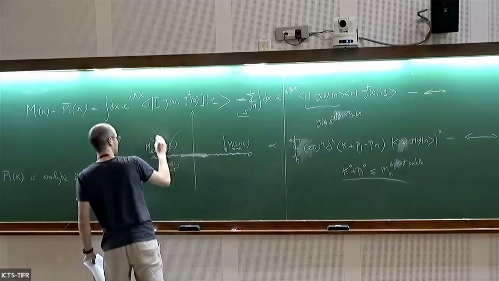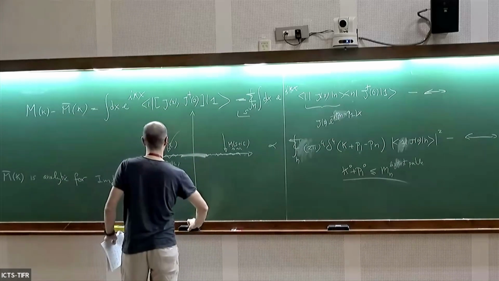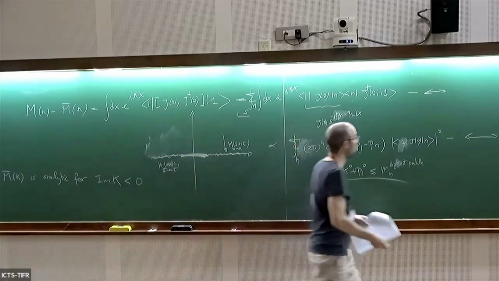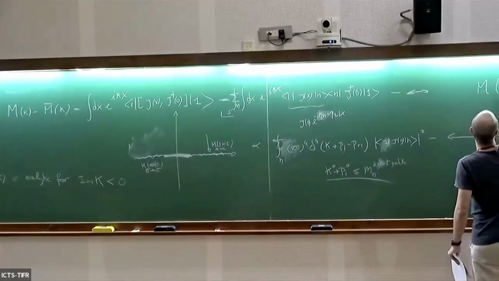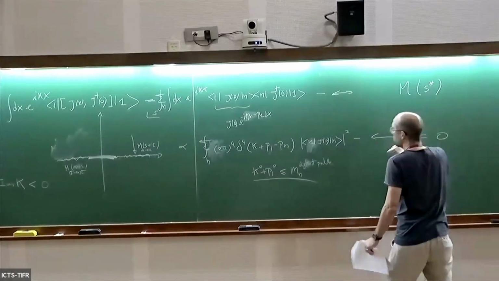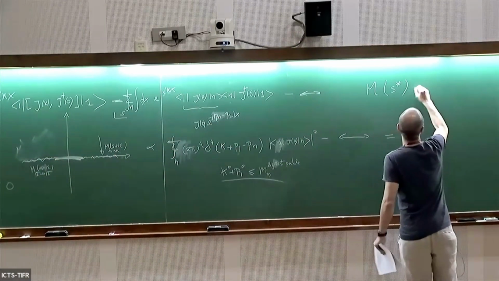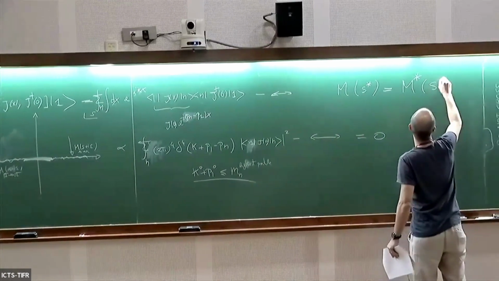So I reverted the epsilon here. Okay, let me maybe write it better. M of s star. So the reflected is just the complex conjugate of M of s.